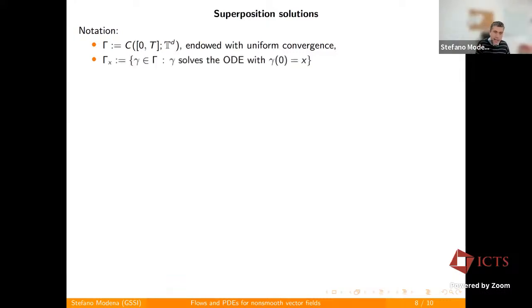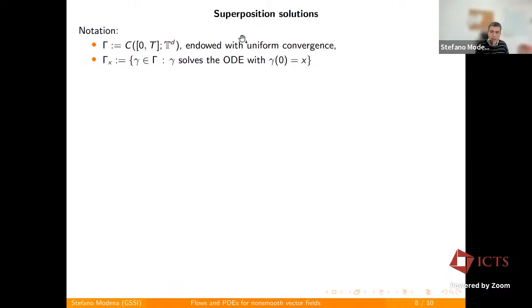Then I will denote by Gamma_x, where x is a point of the torus, the set of those curves which solve the ODE starting in x. For a given vector field u, this set may be empty, may contain a single element, or may contain infinitely many of them, we don't know. But given the vector field, this is a well-defined set for every x.